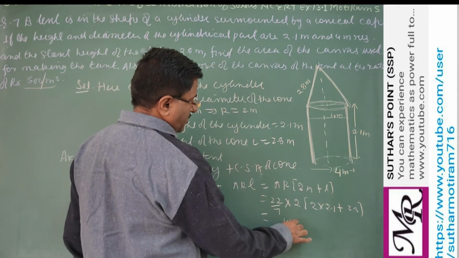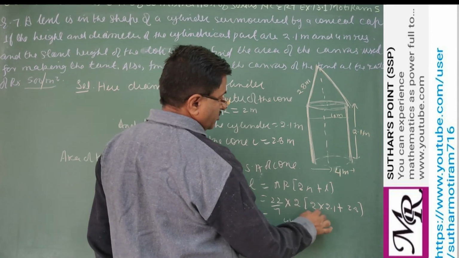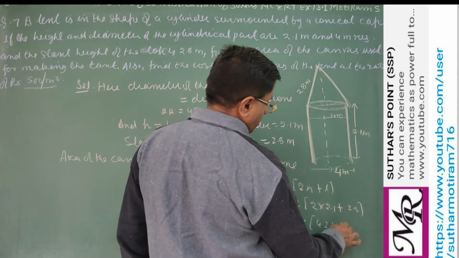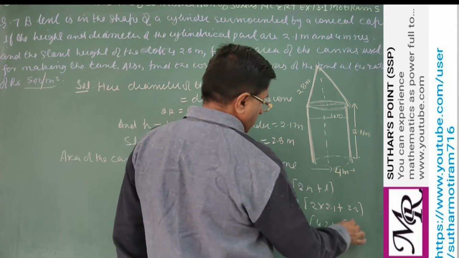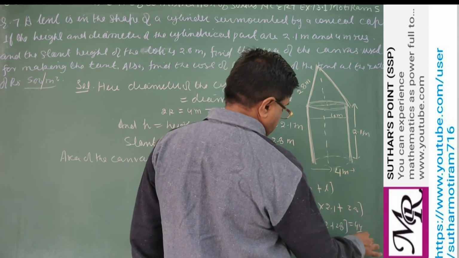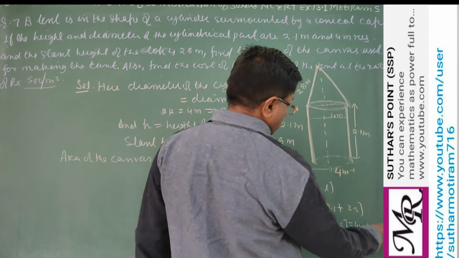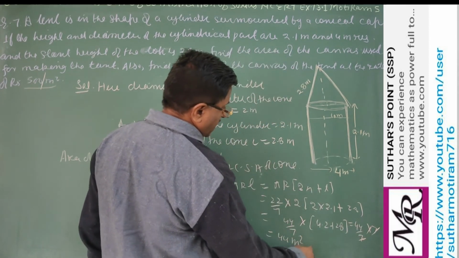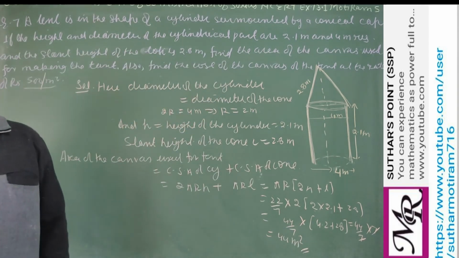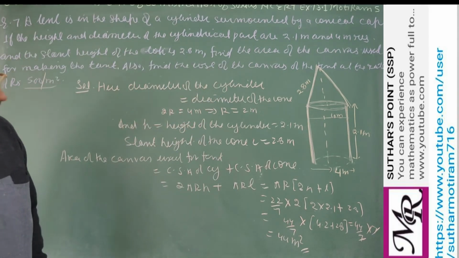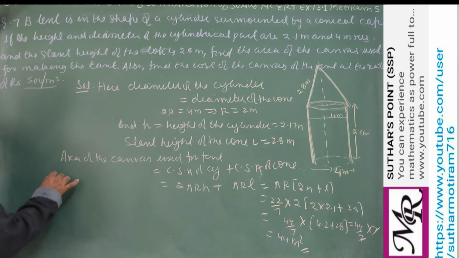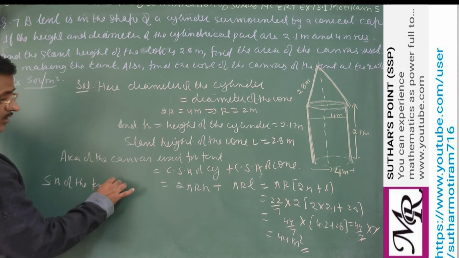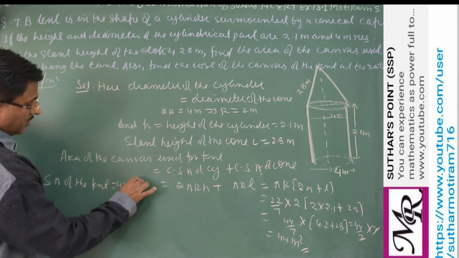So 44/7 into 4.2 plus 2.8, that is 7. So 44/7 into 7, what do we get? 44 meter square. This is the required area. So you can say the surface area of the tent is equal to 44 meter square.